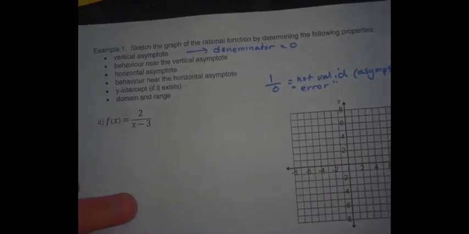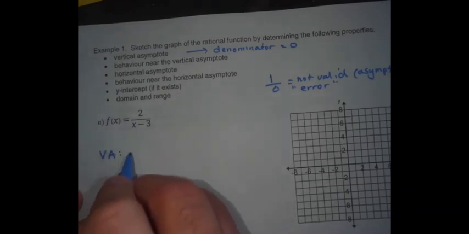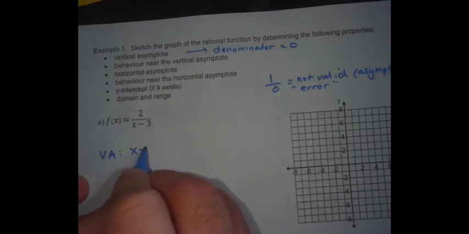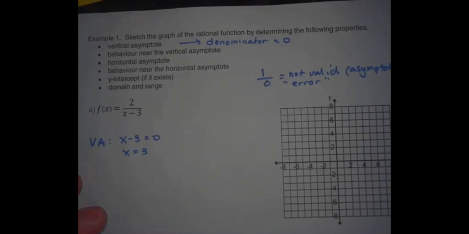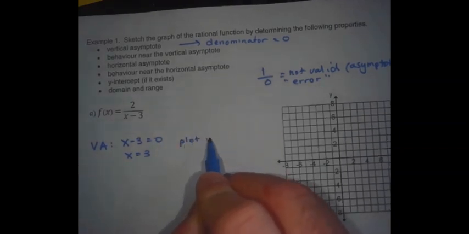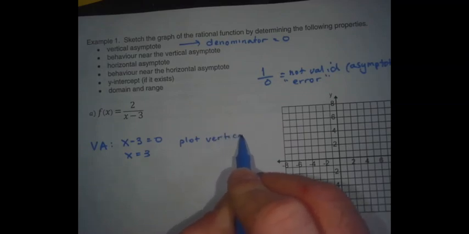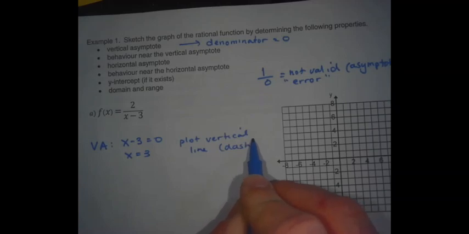So we look at this. I will use some short forms, VA. This is where our denominator equals 0, so that is 3. Pretty easy so far. And what we can do is plot this vertical line as a dash.